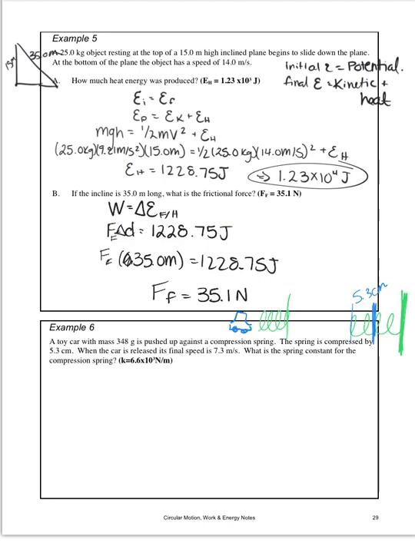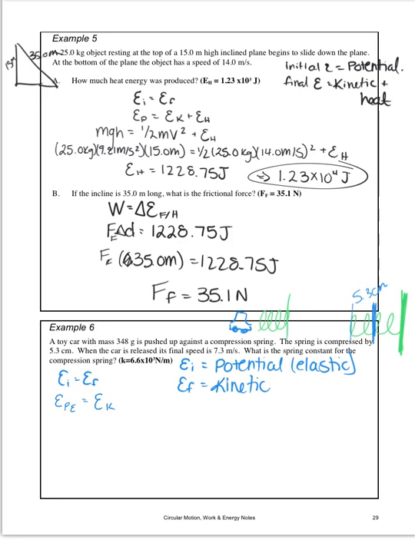Okay, so our initial energy was potential energy. And this time it's not gravitational, it's elastic or spring energy. The final energy is going to be kinetic energy of the car. So EI equals EF, therefore, our elastic potential is equal to EK.